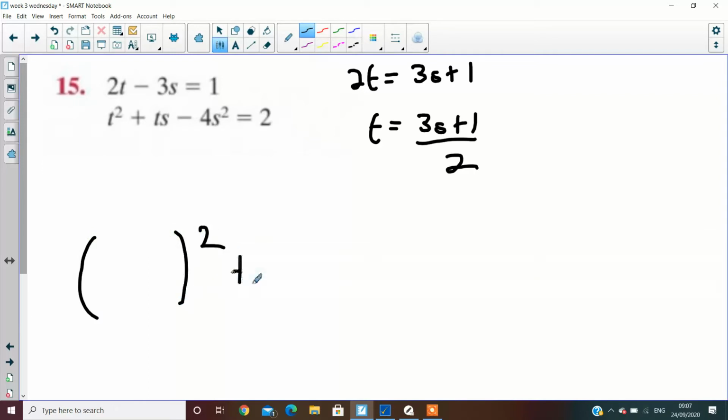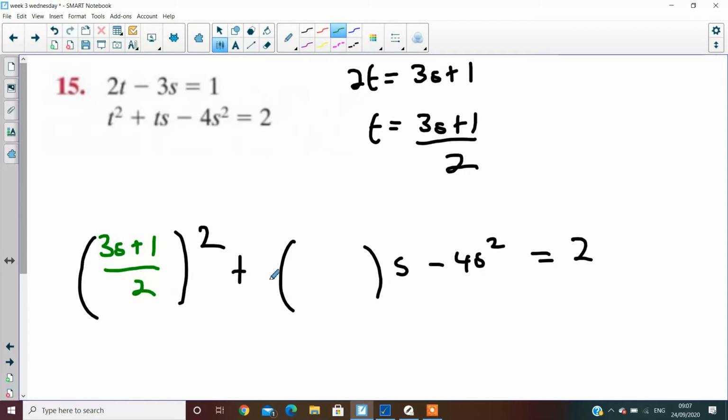So what happens now? Blank squared plus blank times s minus 4s squared equals 2. All right, lob it in. 3s plus 1 squared and 3s plus 1 over 2. Now, what's 3s plus 1 multiplied by 3s plus 1 when you square the top by itself?